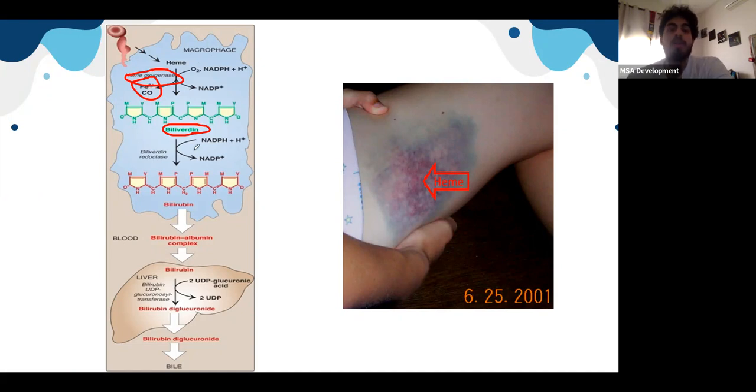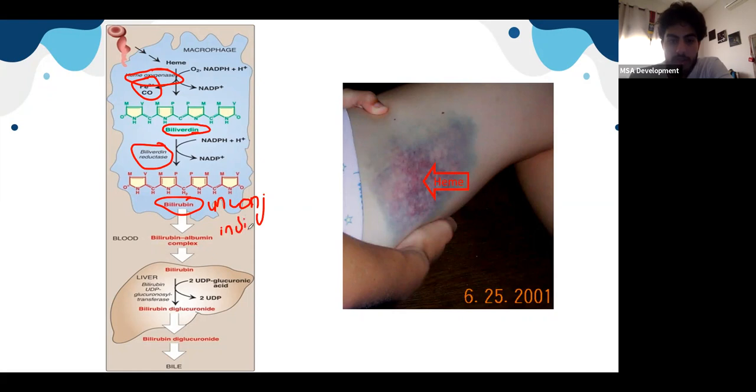From biliverdin, we use biliverdin reductase to get what is called bilirubin. This is our first bilirubin. This bilirubin is the unconjugated form of bilirubin, also called indirect.